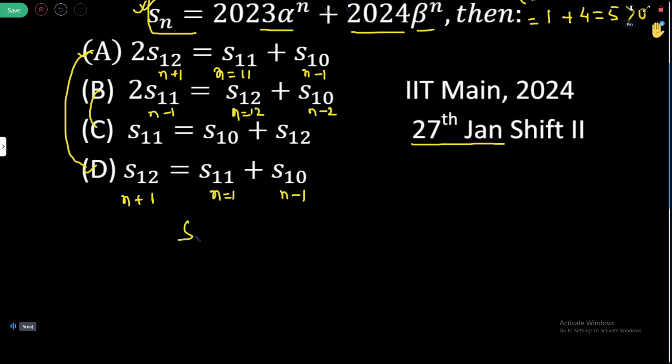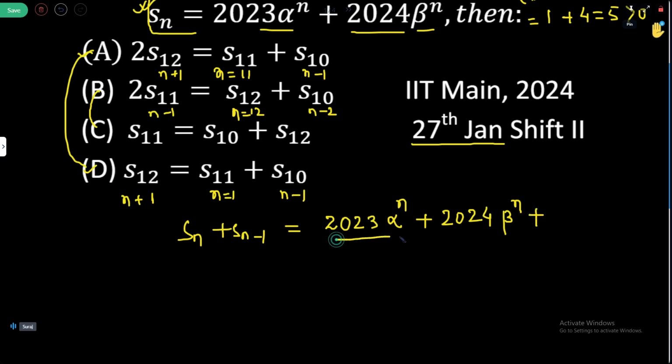First, Sn plus S of n minus 1. If we use the given relation, we will write here Sn equal to 2023 into alpha power n plus 2024 into beta power n, this is the value of Sn.